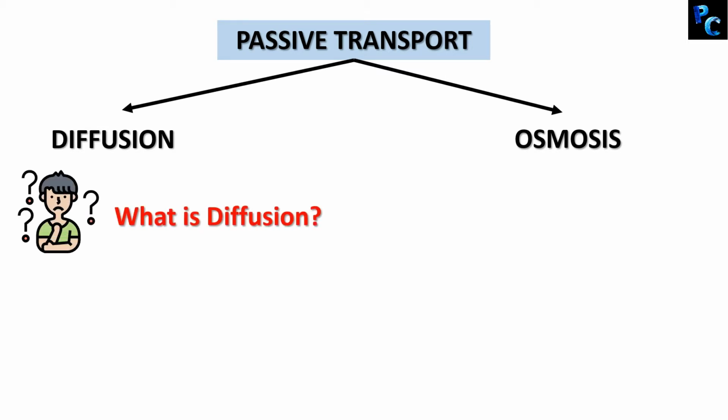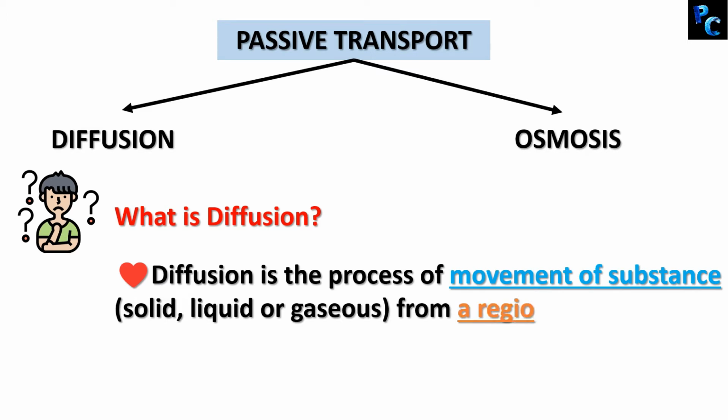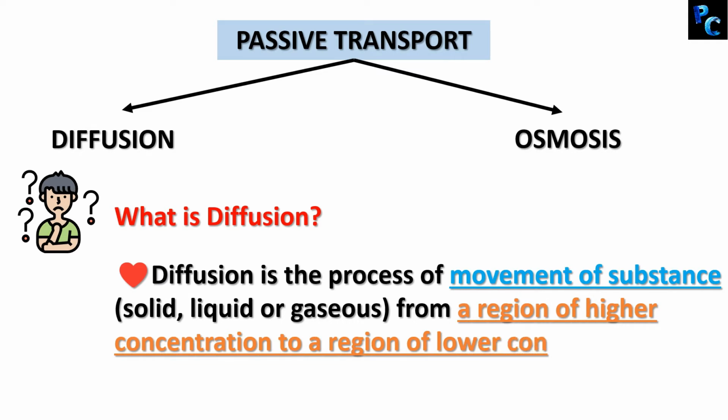So what is diffusion? Diffusion is the process of movement of a substance, which can be solid, liquid or gaseous, from a region of higher concentration to a region of lower concentration. That is, a substance moves from where it is in high concentration to a region where it is in low concentration.